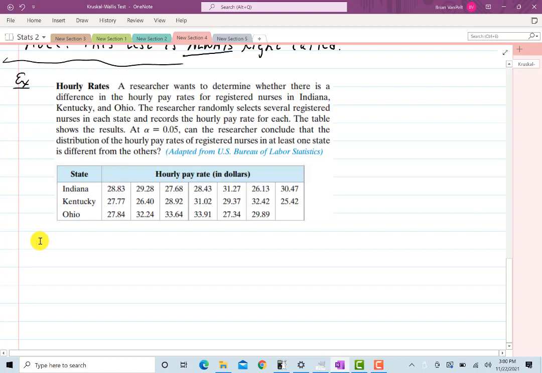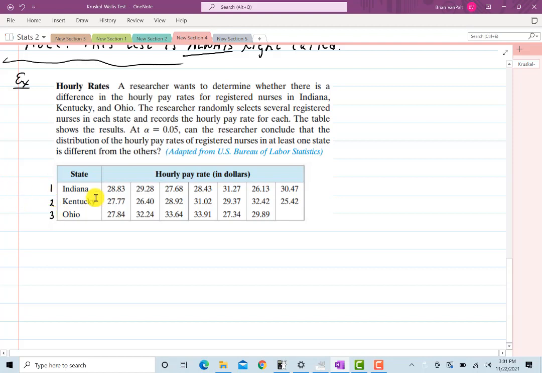All right, here's our first example. We have a researcher who wants to determine whether there's a difference in the hourly pay rates for nurses in Indiana, Kentucky, or Ohio. So they're comparing the pay rates of each of those states. Let me label a few things here. We have 3 samples.